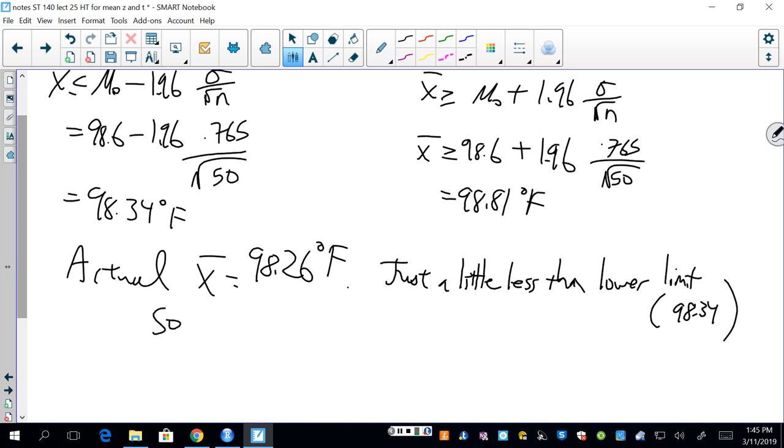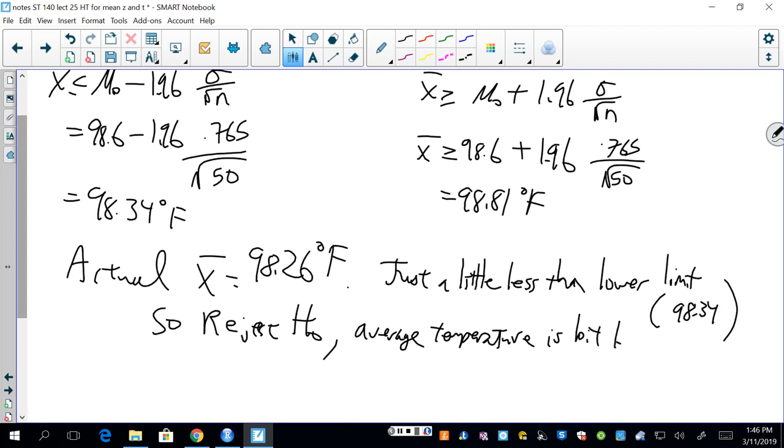So the conclusion is to reject H0, the average temperature is a bit less, right, than the 98.6 based on this sample.